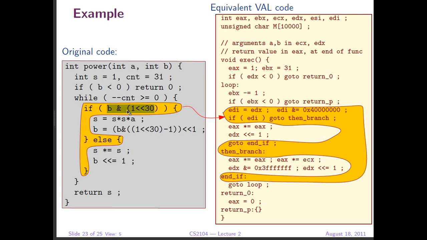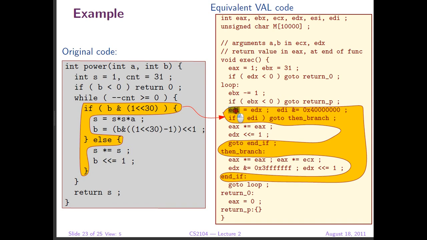And this expression can no longer be performed in one step. We need two steps because we do not want to destroy the value of b.